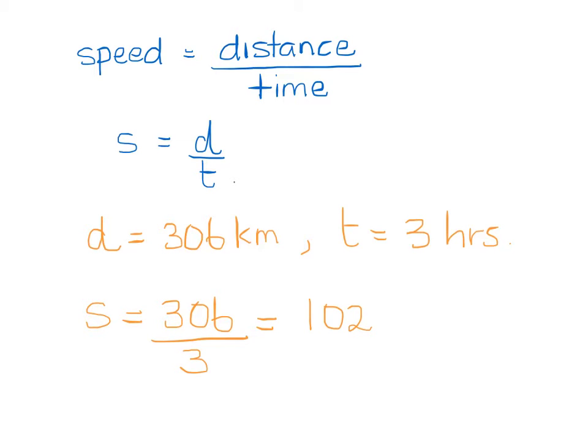Remembering our units, because when we're actually using formulas from the physical world, we have units here. That was kilometres per hour. Average speed is 102 kilometres per hour.